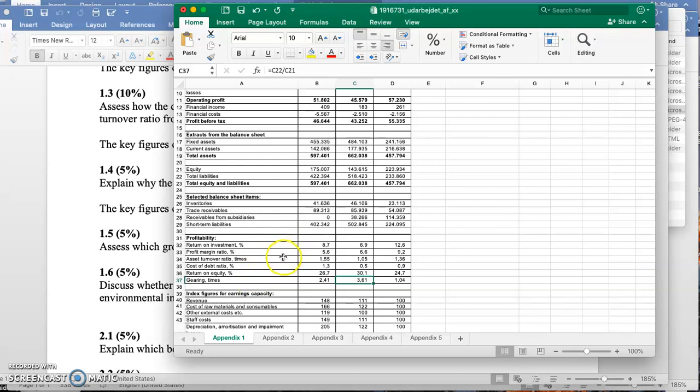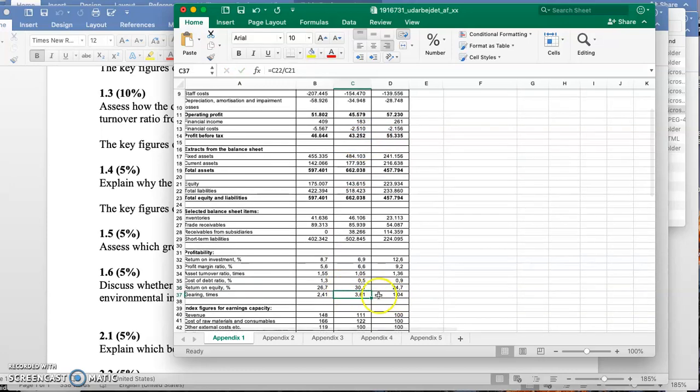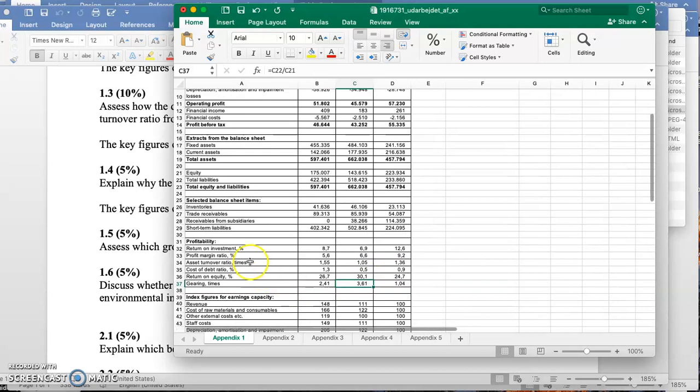And you also see the profit before tax also drops quite dramatically.